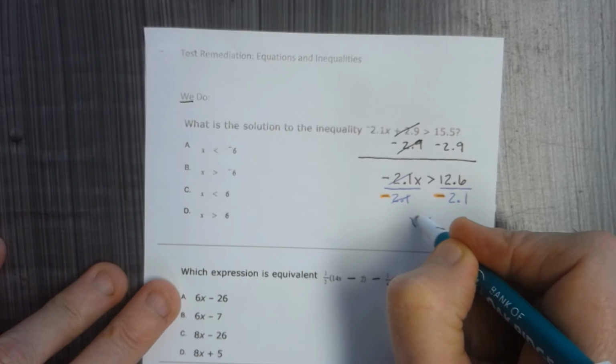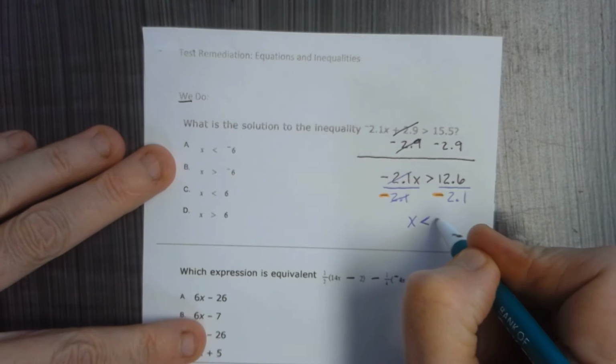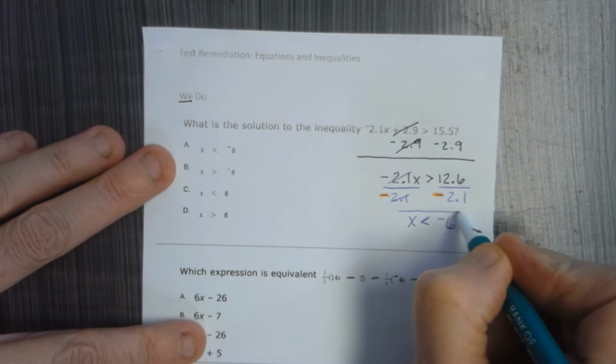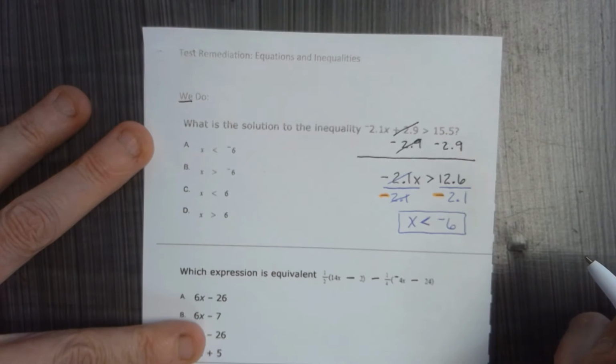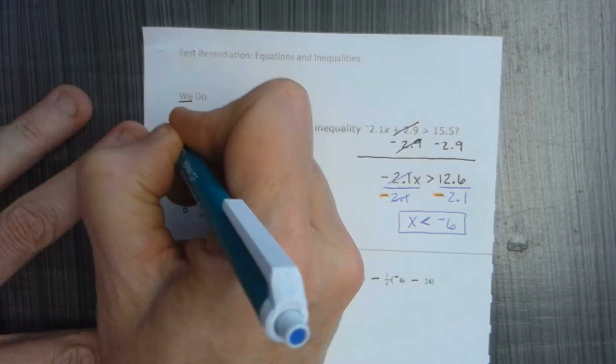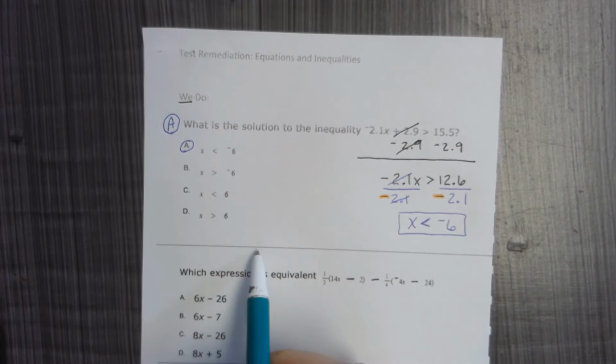Bring down the x, and then 12.6 divided by negative 2.1 is negative 6. X is less than negative 6. The answer's A. And if you're listening, right, I'm listening on this line.